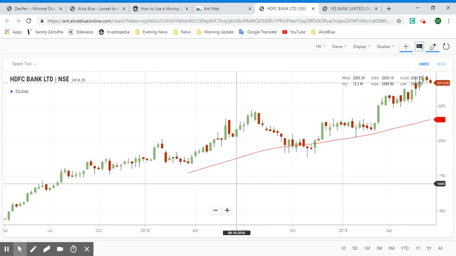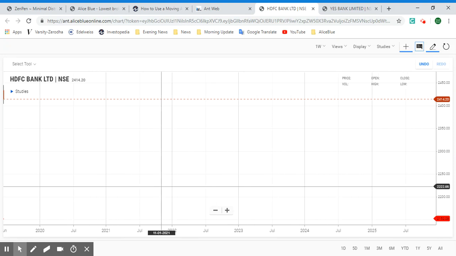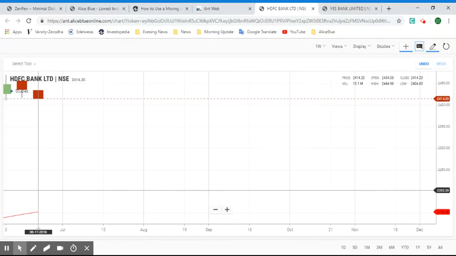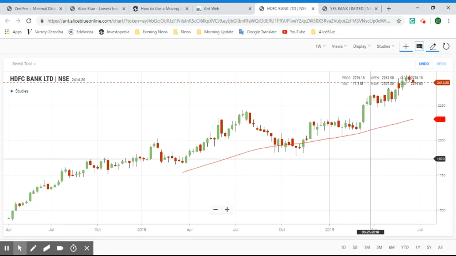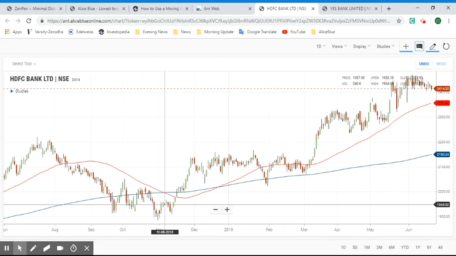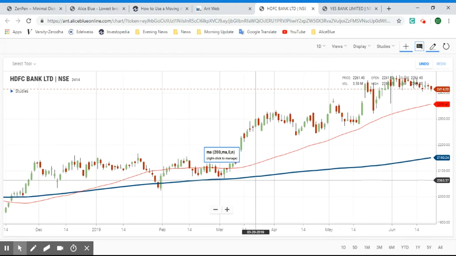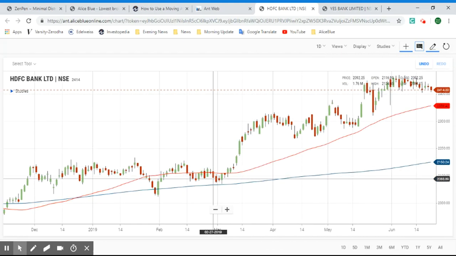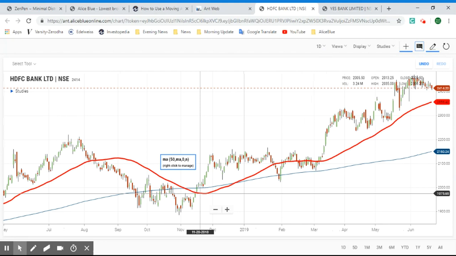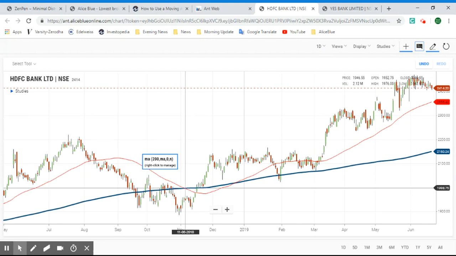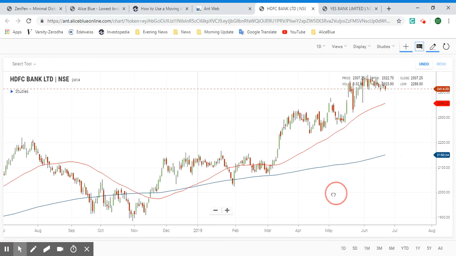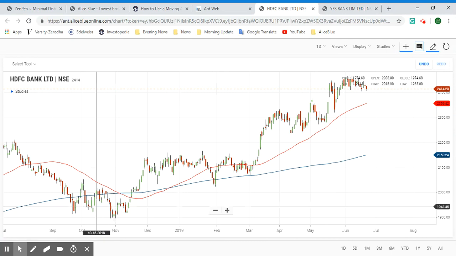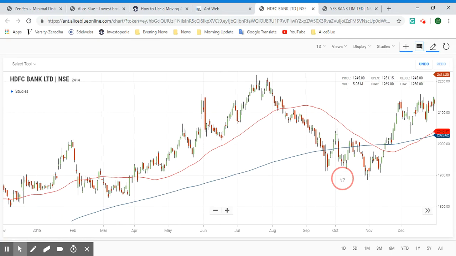Let's use the time frame. So this is the daily chart, and again, this was the sell signal, this was the buy signal, and it's still going in an upward trend according to this.